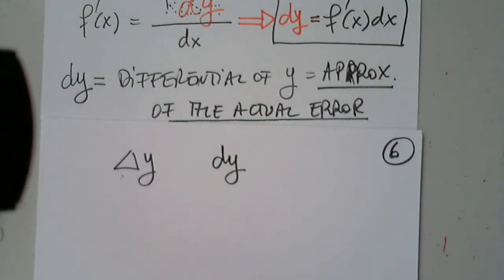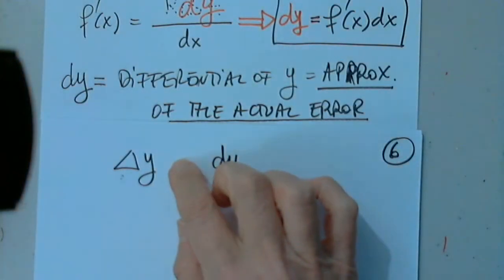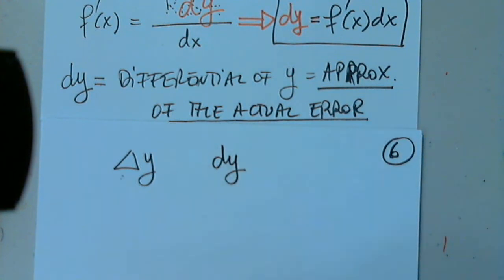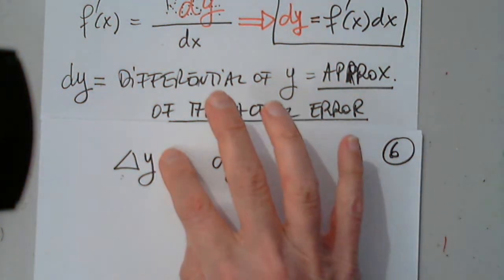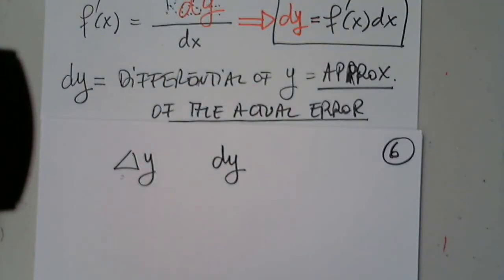You cannot say greater than or equal or less than, because we don't know which one is bigger. So, not equal to? I'm sorry? Not equal to? That is true. But I want something else that I can use.